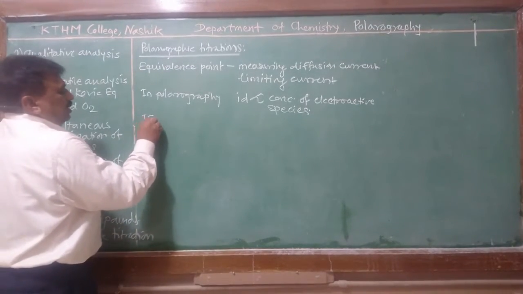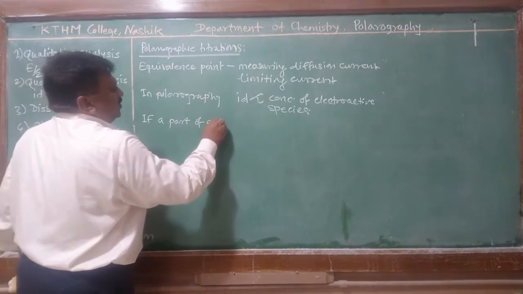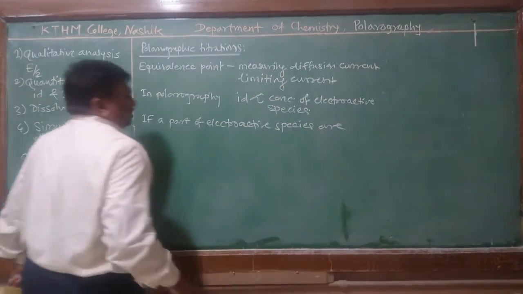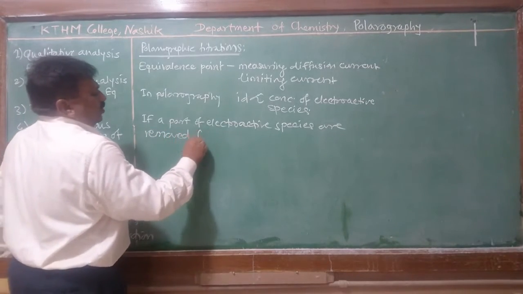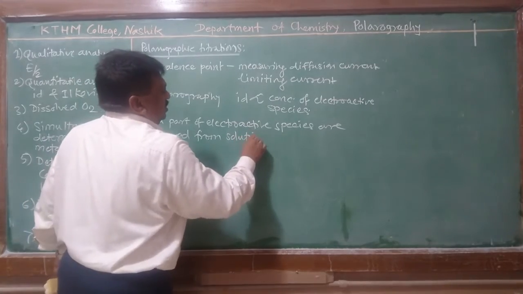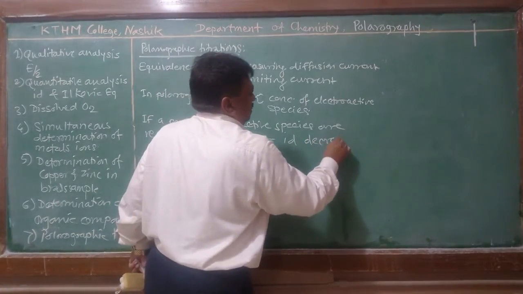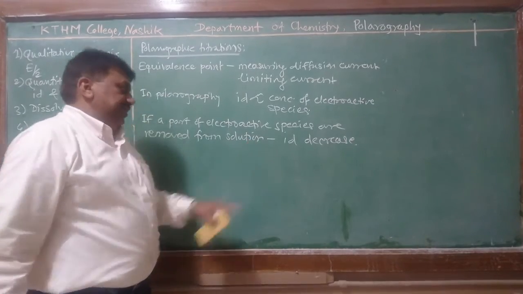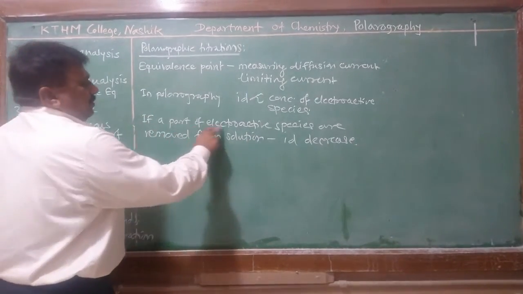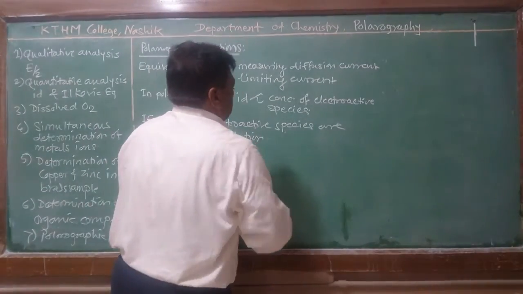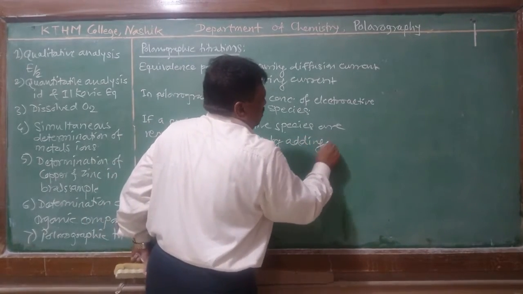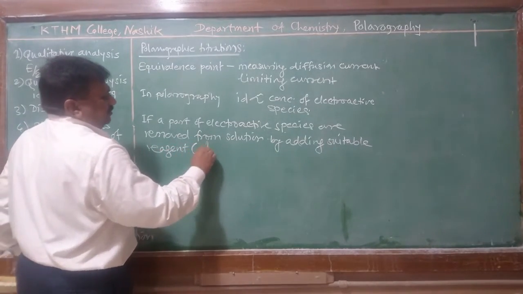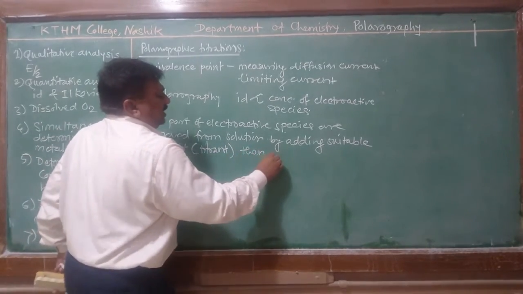Therefore, if a part of the electroactive species is removed from the solution, diffusion current decreases, and this electroactive species we can remove by adding a suitable reagent, or you may say titrant.